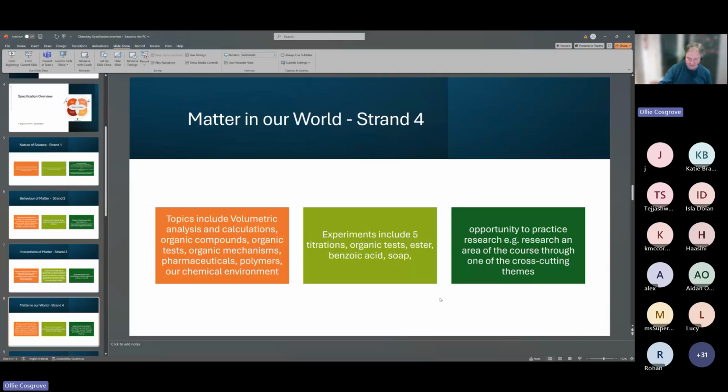And we'll be talking about those cross-cutting themes again in a second. Do you remember we said health, sustainability, and technology? And they're actually that vague about it. When you look at the specification, they literally say you can just pick an area of the course and practice your research.